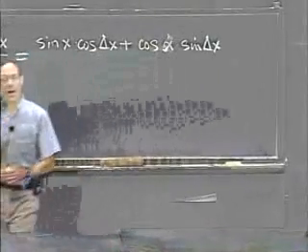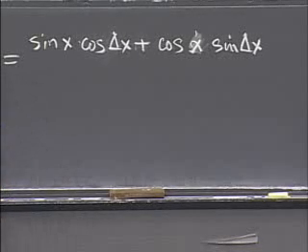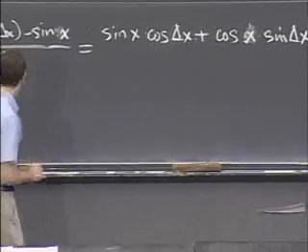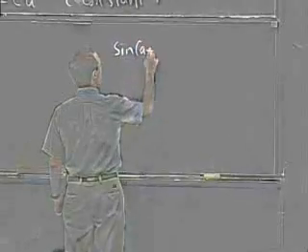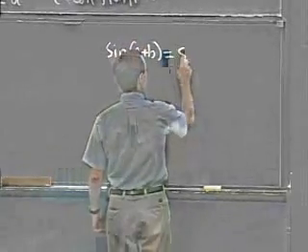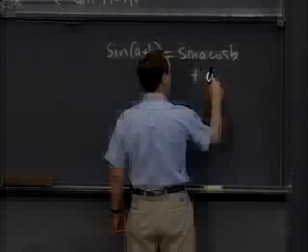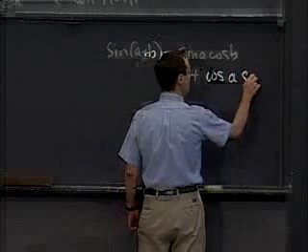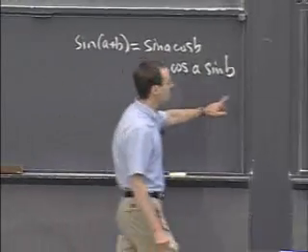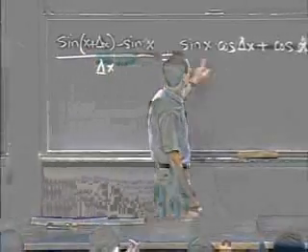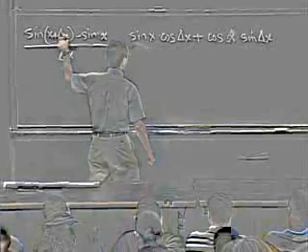All right? So now, there's lots of places to get confused here, and you're going to need to make sure that you get it right. So we're going to put those in parentheses here. Sine of a plus b is sine a cos b plus cos a sine b. Now that's what I did over here, except the letter x was a, and the letter b was delta x.